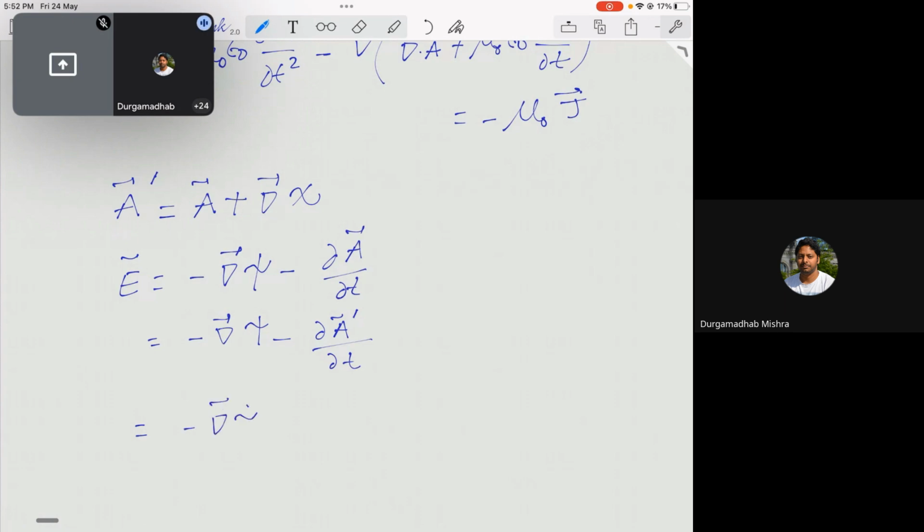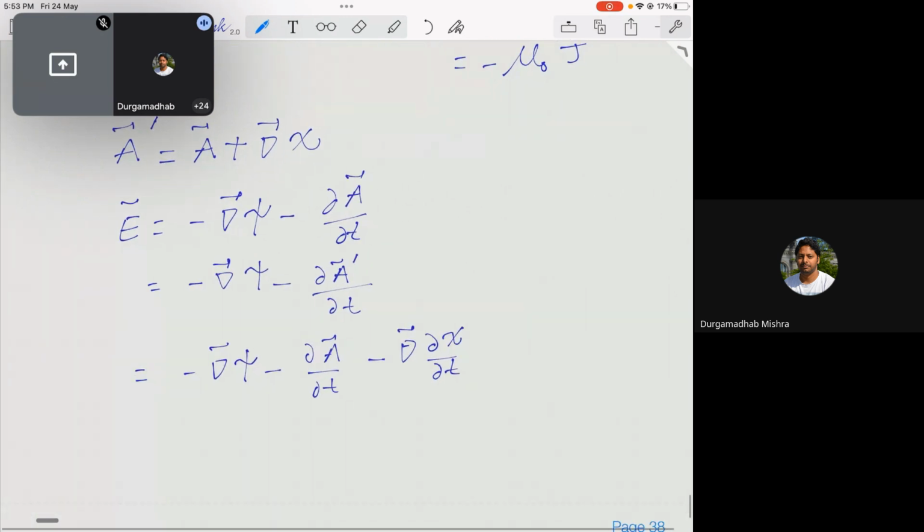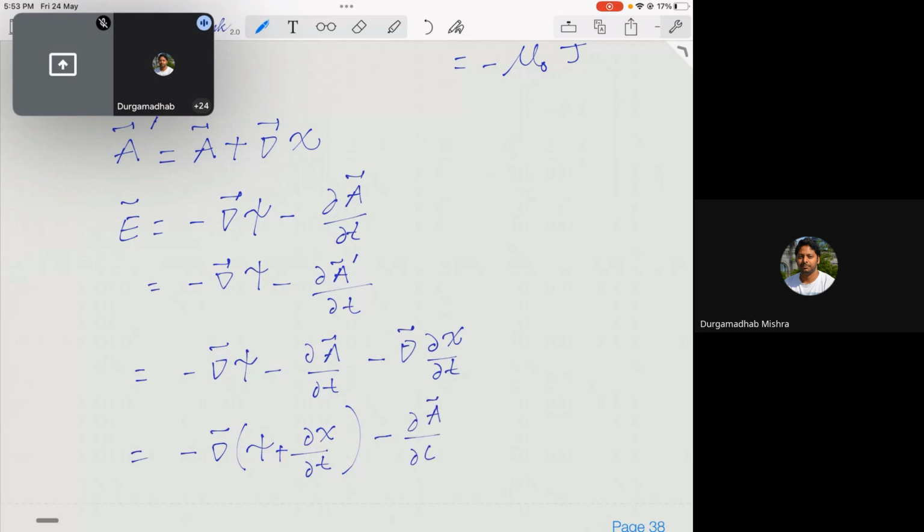So this will be equal to minus del A by del T minus gradient of del chi by del T. If I now combine the scalar terms, I can write this as minus gradient of psi plus del chi by del T, minus del A by del T.